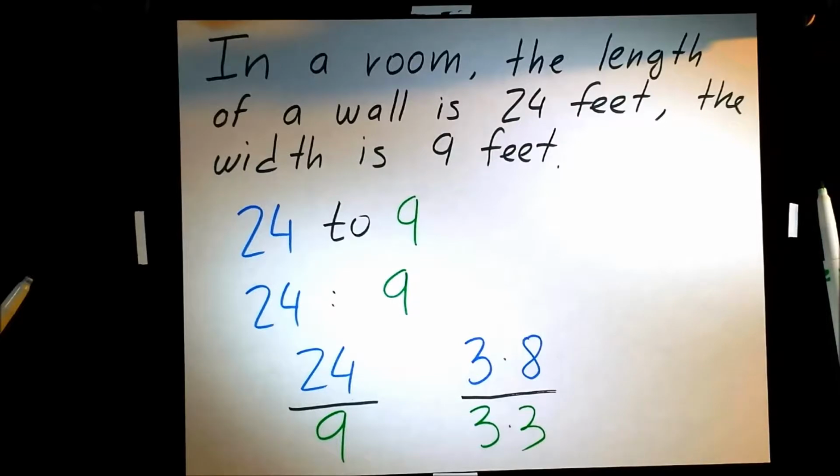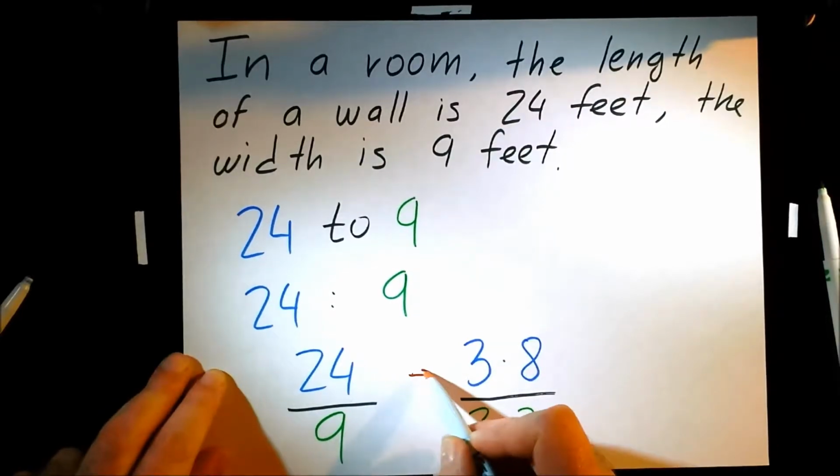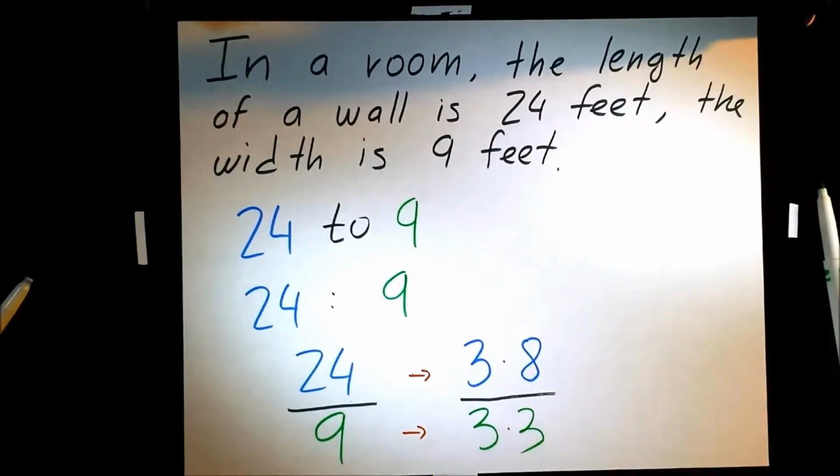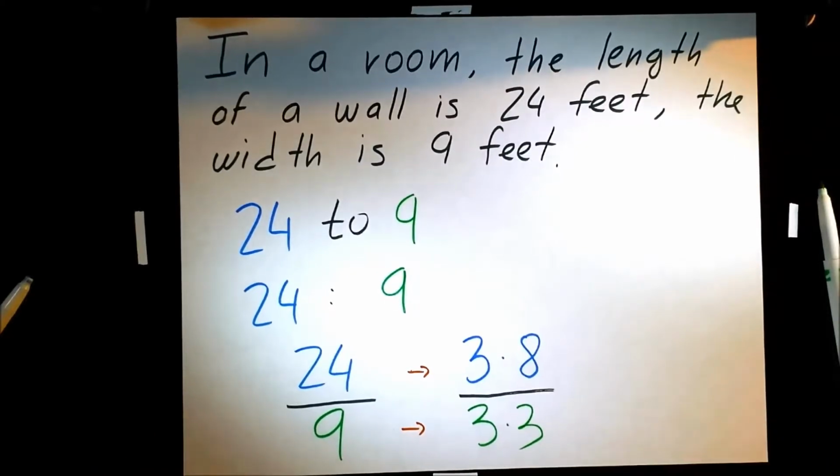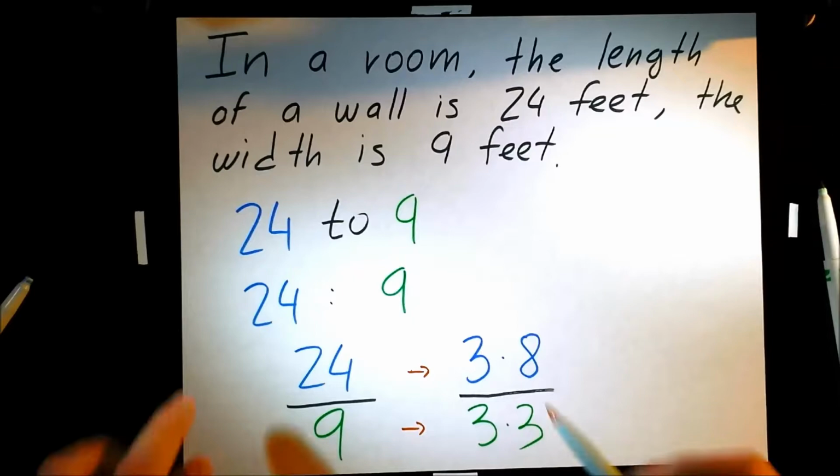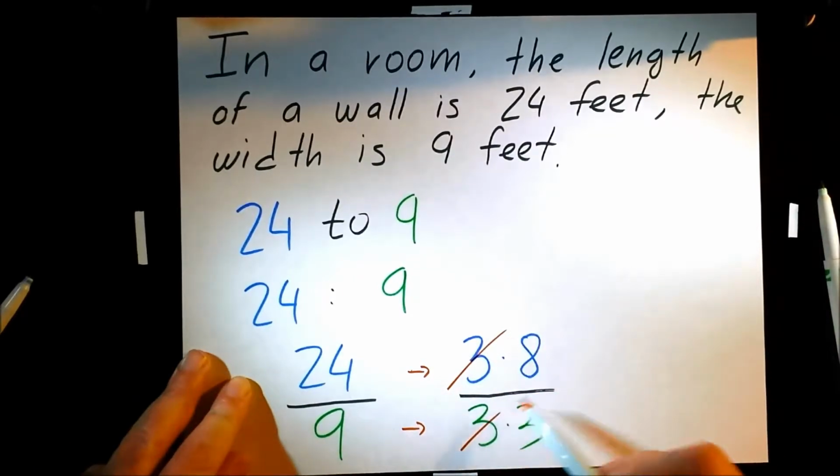So far, that wasn't so bad. Now what can I do next, now that I have it written like that? I can cross off the 3s from the top and bottom, one 3 from the top, one 3 from the bottom.